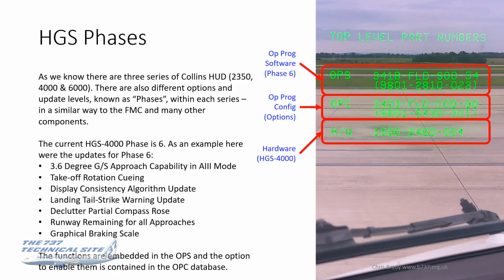There are also different options and update levels within that, known as phases, within each series. It's in a similar way to the FMC and other components that have software to run them, and that software is updated periodically, and new functions, new features and new options become available.